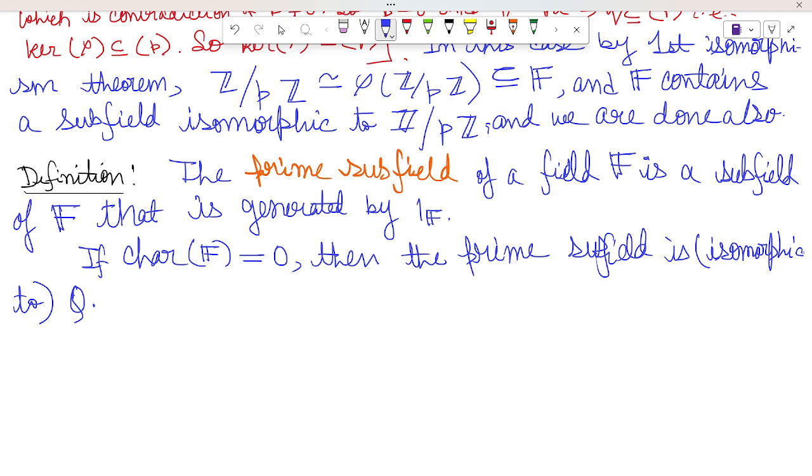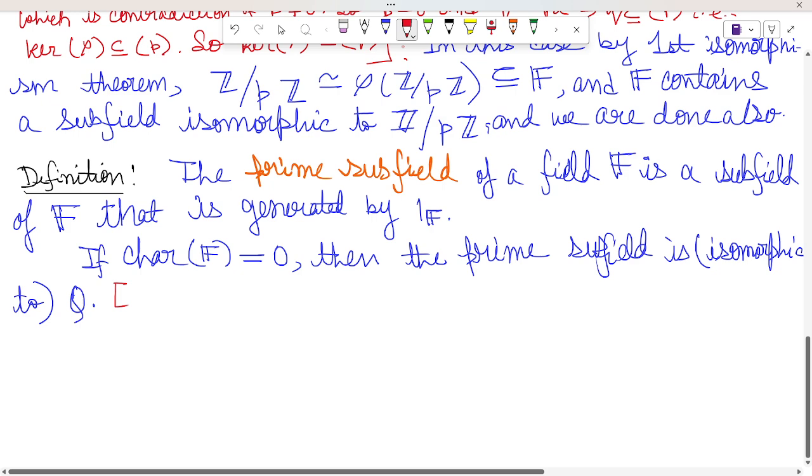Because then, why is it isomorphic to Q? See, Q means quotient of two elements from the integers.